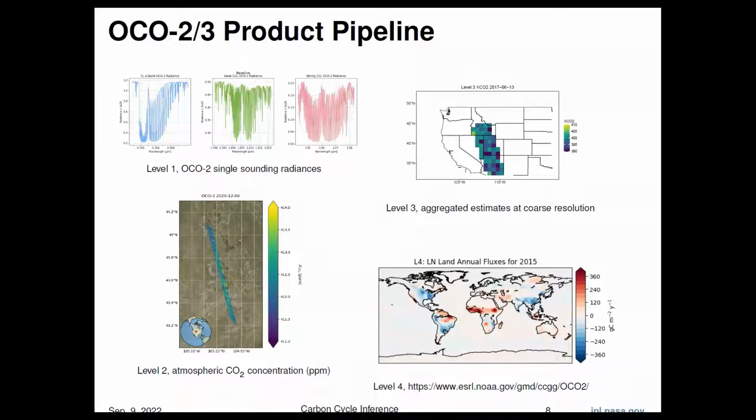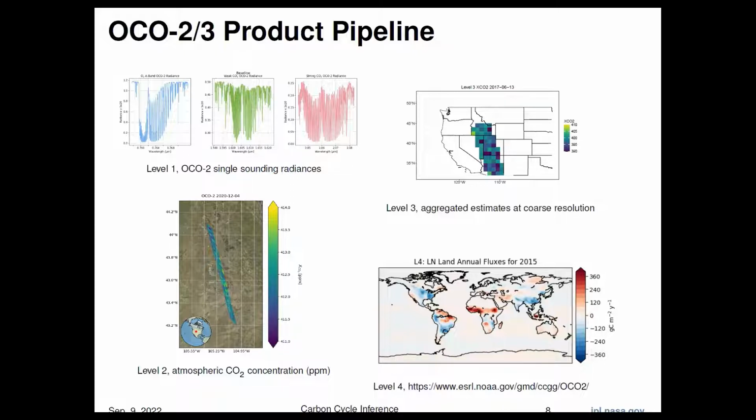Down below that is an example level 2 collection. These are estimates of CO2 at these footprints along the track of OCO2. The track itself is pretty narrow, as you can see. I think this particular track was somewhere in eastern Wyoming.